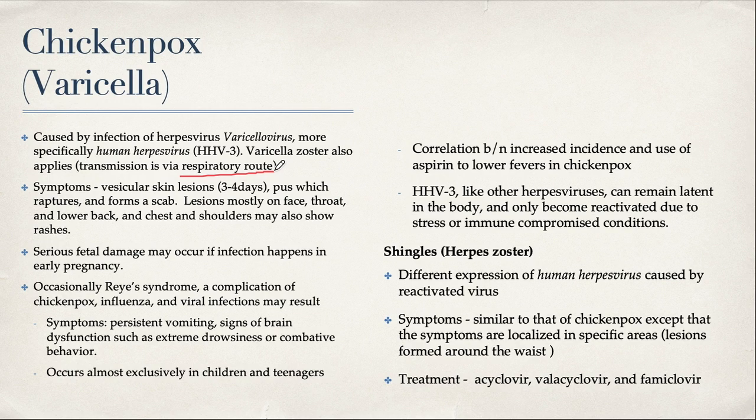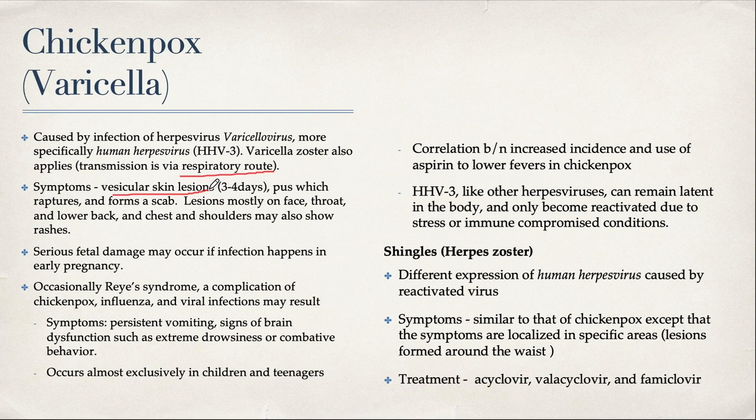Once it gets into the body, in about 2 weeks, it becomes established in the skin. And when it's in the skin, within 3 to 4 days, you have the formation of skin lesions, the vesicles, with pus. It then ruptures and forms a scab.